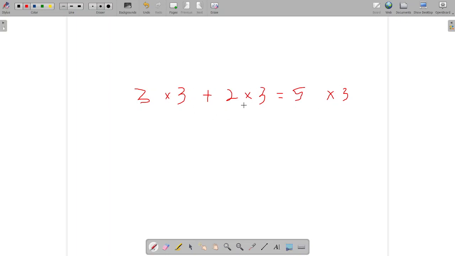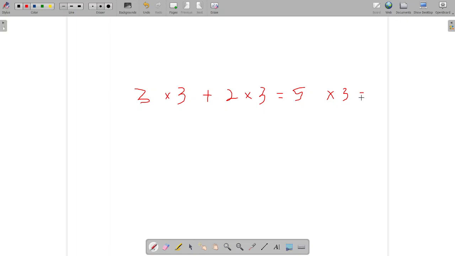Because they're times by 3, then we can do this. If this was times by 4 and this was times by 5, then we can't do this. Only reason we can do this is because both of them are being times by 3. Clearly we can move the times the other way around if we have to make it into this shape, which is fine. But it's times by 3 and then it's 3 plus 2, so 5 times 3, which equals 15.